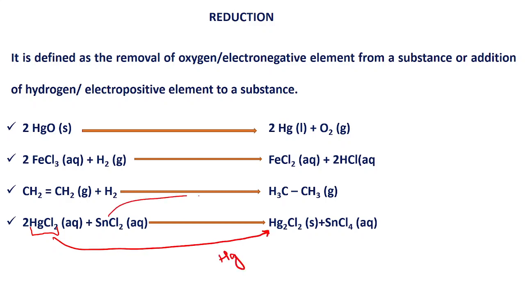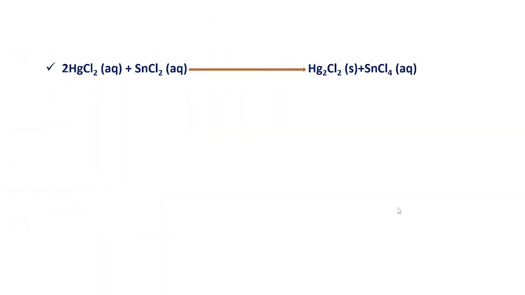But similarly in the next one, one electronegative element is added. Earlier there were only 2 chlorines, but here you have 2 more chlorines added. It means here you have reduction, but in this case you have oxidation. In the same reaction you can see two things, and that is why this reaction is written separately.